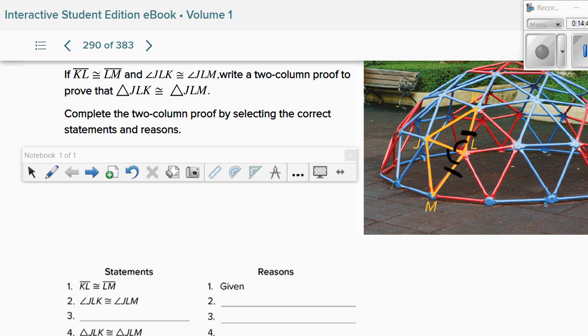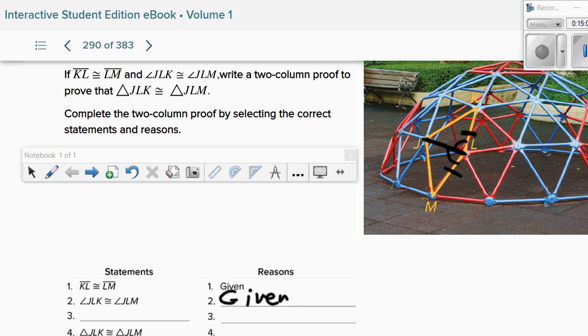All right, so in this one they kind of split the given up into the first 2 steps. So we're going to say that this is given 2. But now what else do we say? Well, going back earlier in different sections we've done, we're looking, hey, do the two triangles I need to prove are congruent, do they share a side?